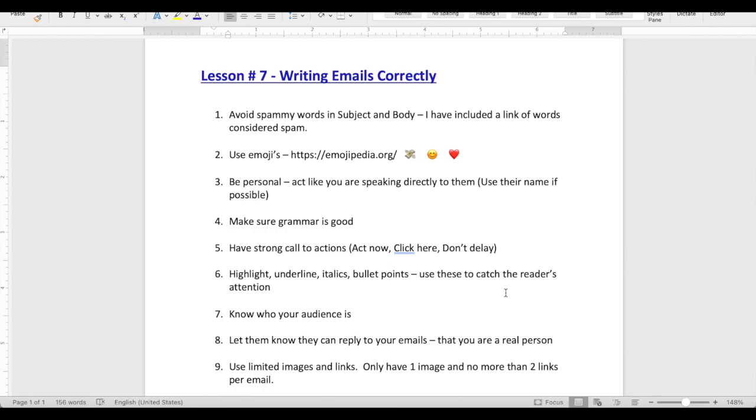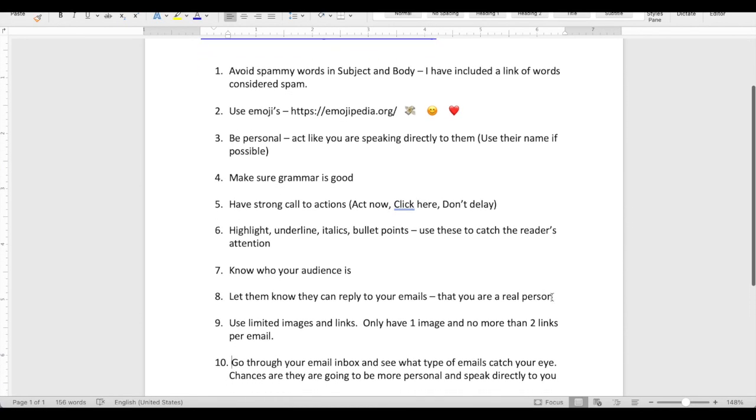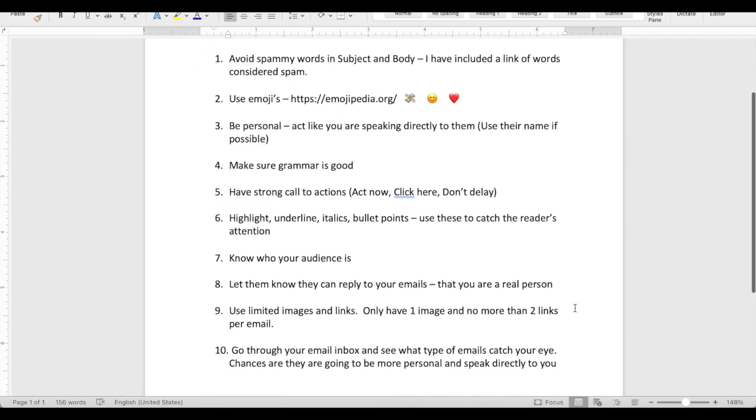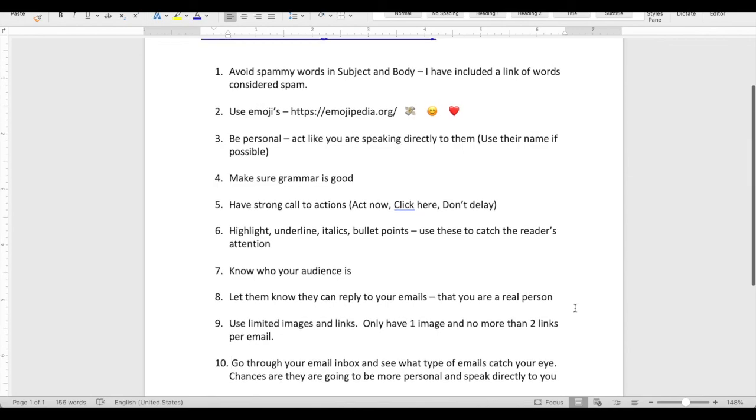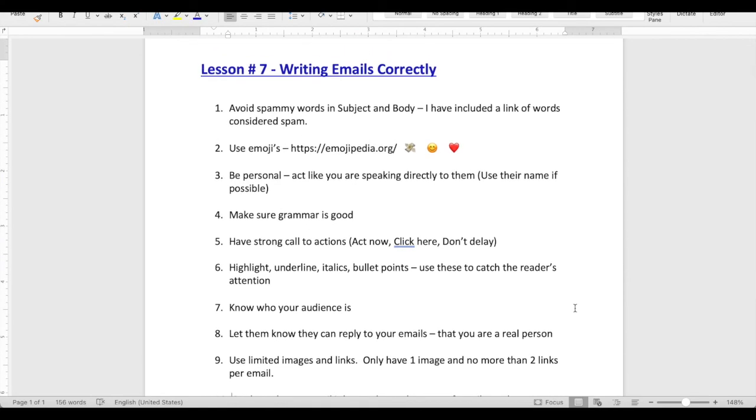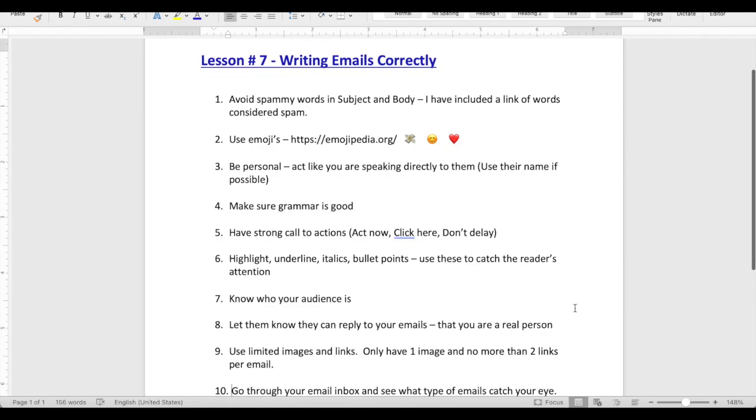Use those in the email. Know your audience. Let them know that they can reply to you. Be personal. Use images and links very rarely, but use them. And then go through your email box, see which ones catch your eye, and then use those to write emails better.